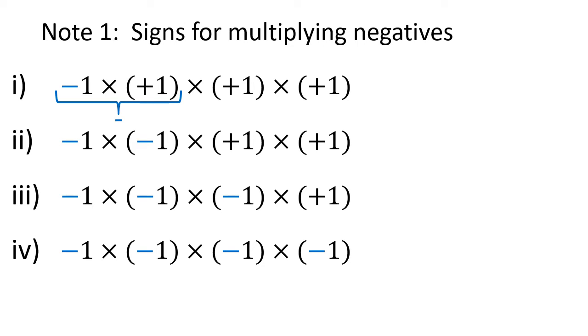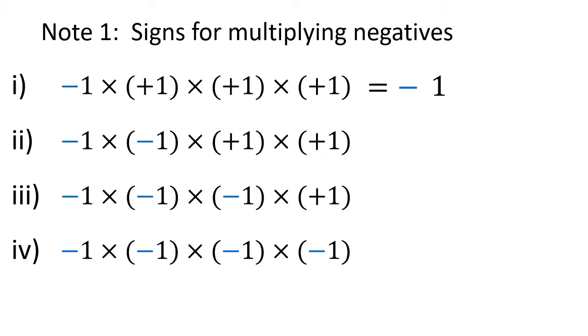And +1 times +1 is positive times positive, which is positive. Now negative times positive is negative, so the answer will have the sign negative, and the amount is 1 times 1 times 1 times 1, which is 1. So the answer is -1.